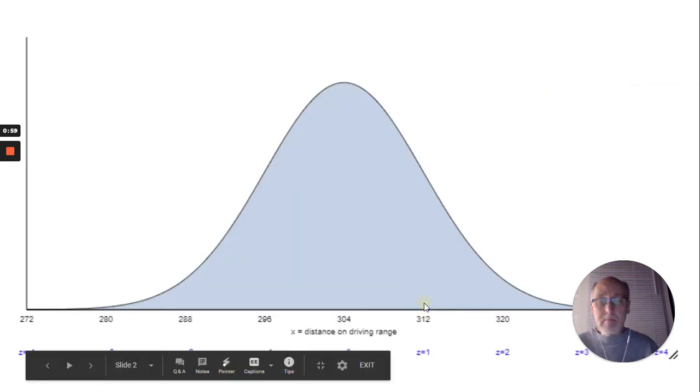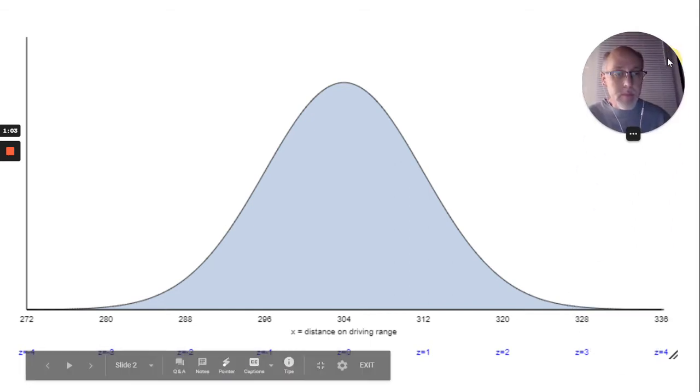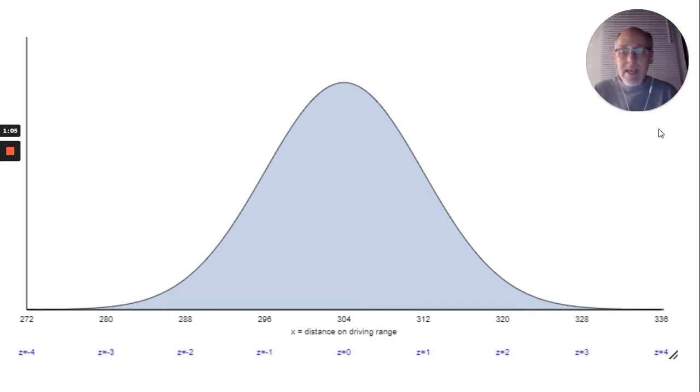Okay? So here is the normal curve. In this situation, notice that 304 is in the middle, and I have marked the standard deviations out. The standard deviation was 8, so if you go 8 units to either side, you get 312, 320, 328.